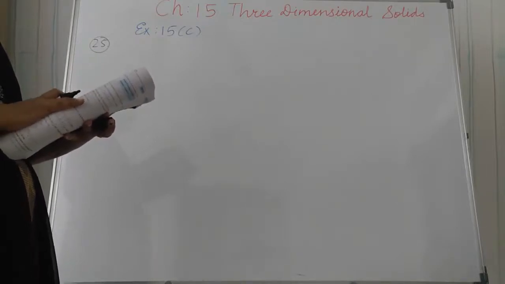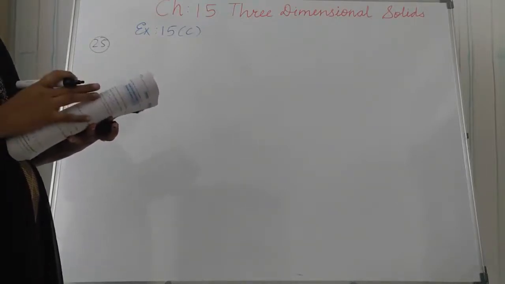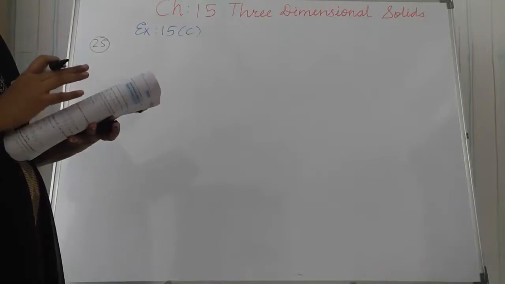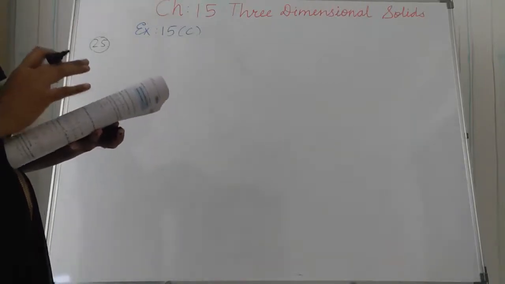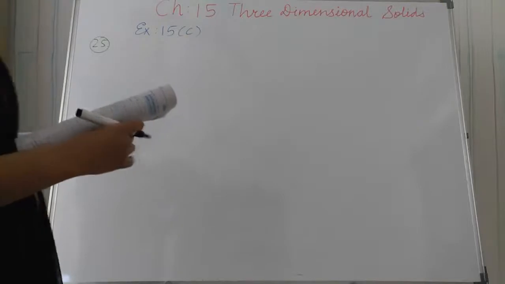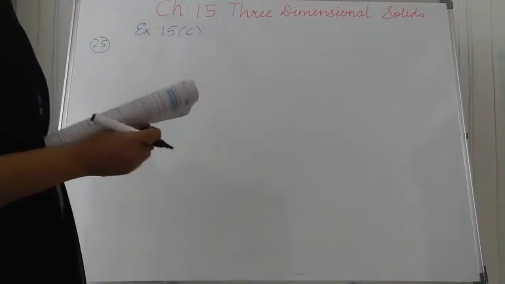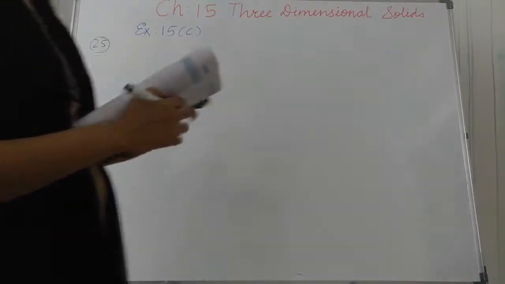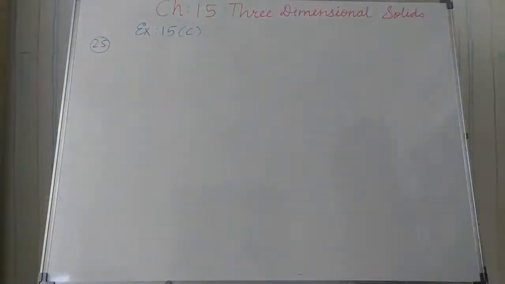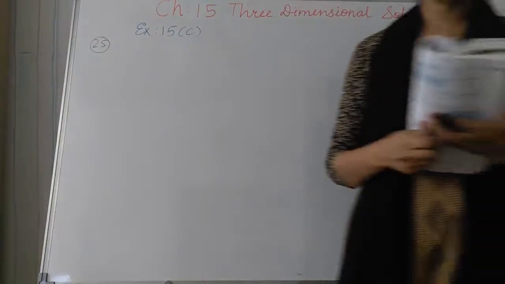If the cone is replaced by another cone whose height is 1 integer 3 by 4 cm and the radius of whose base is 2 cm, find the drop in the water level. So here students, we need to find different things. For that, first of all, we write the dimensions given in the question.